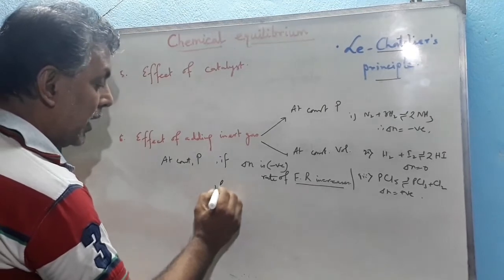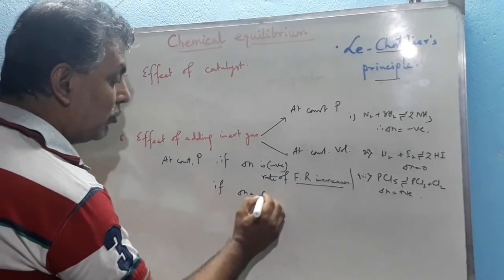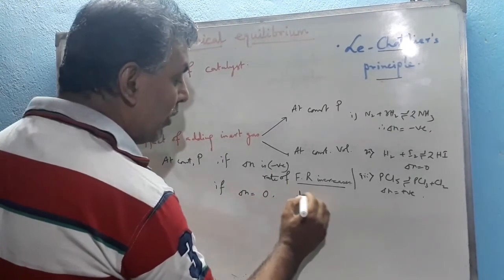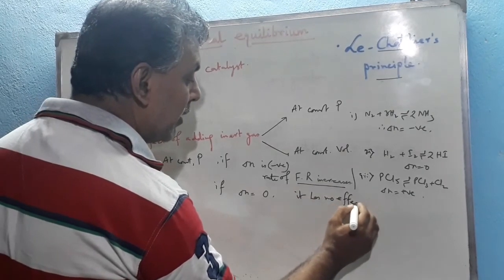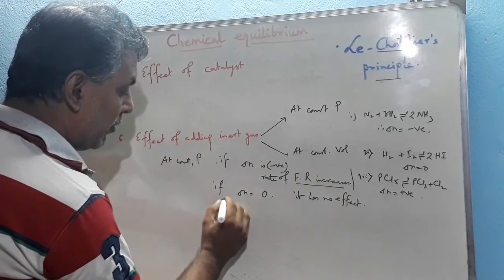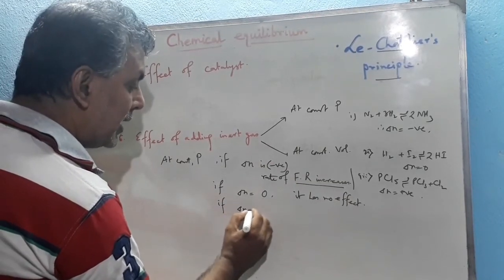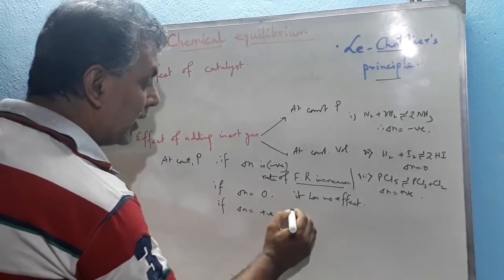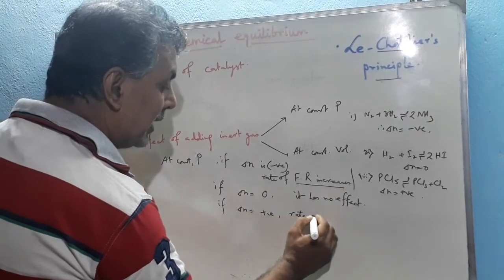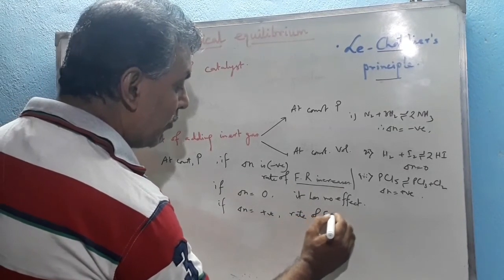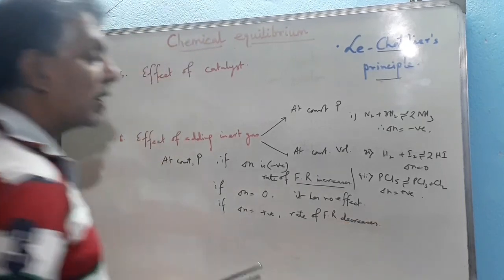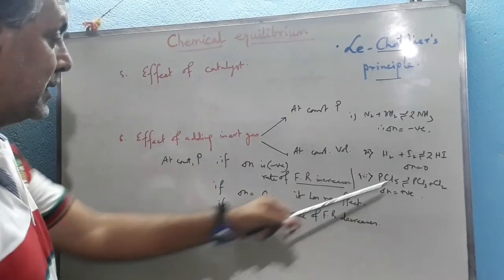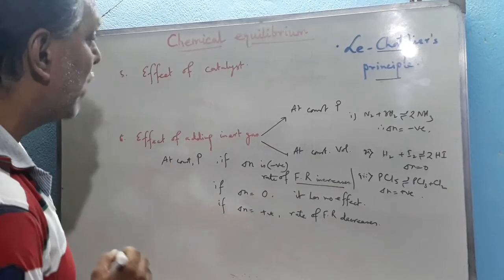If del N is equal to 0, it has no effect on equilibrium. If del N is positive, then the rate of backward reaction increases, or we can say that the rate of forward reaction decreases. That means the rate of formation of the product decreases in that case.